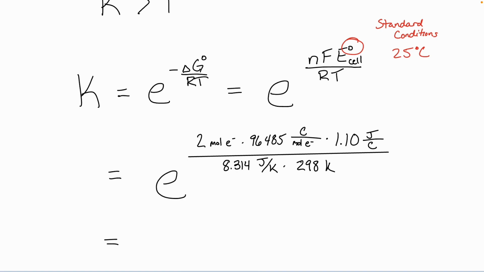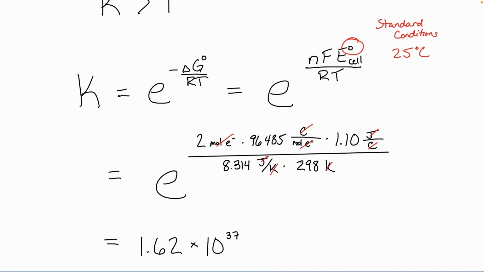All right, so I punched this all into my calculator. Notice that my units will all nicely cancel out. I get 1.62 times 10 to the 37.